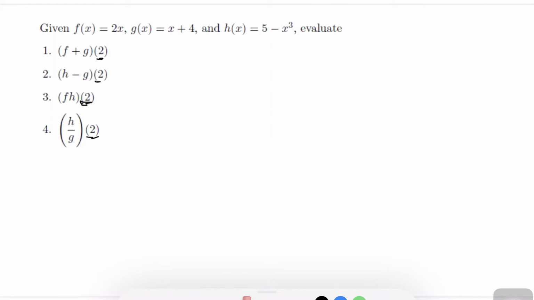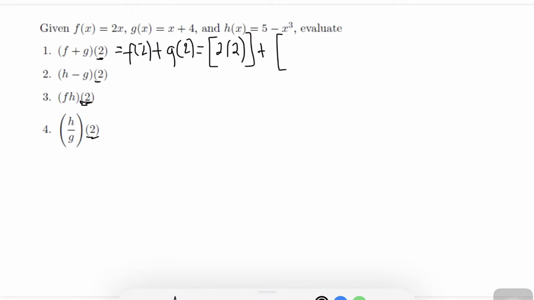So okay, number 1, this will become f of 2 plus g of 2. So f of 2 will become 2 times our x, which is 2, plus, what is our g of 2?